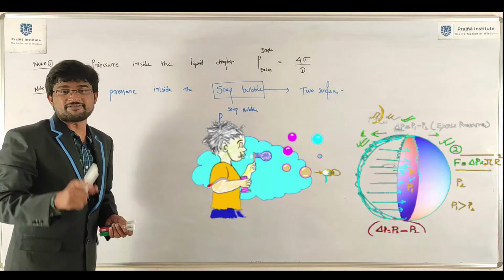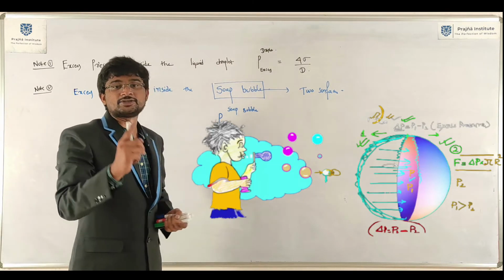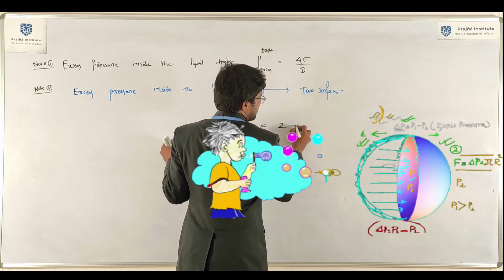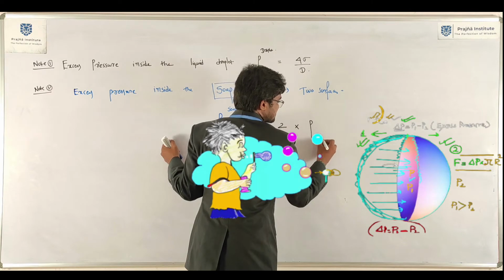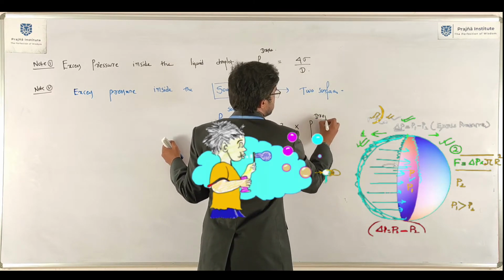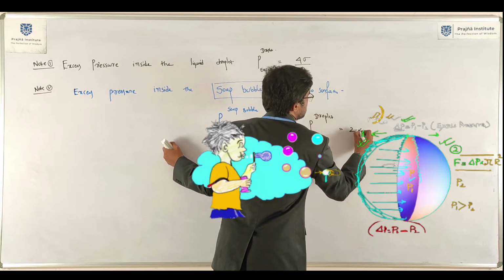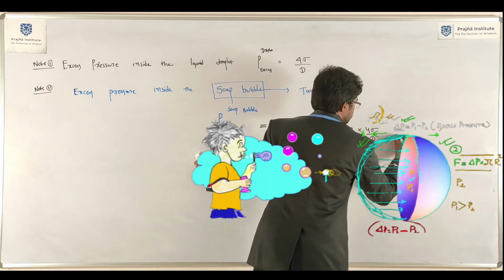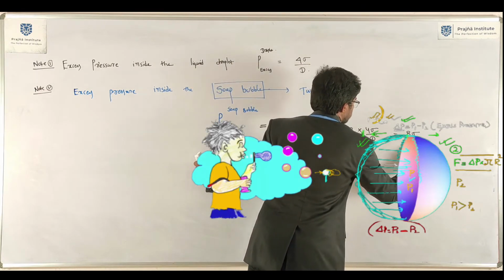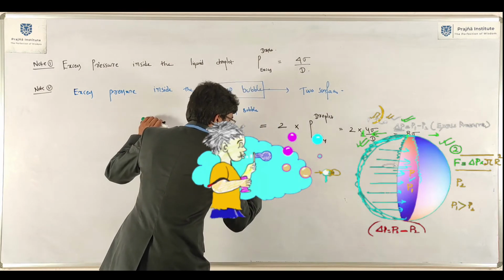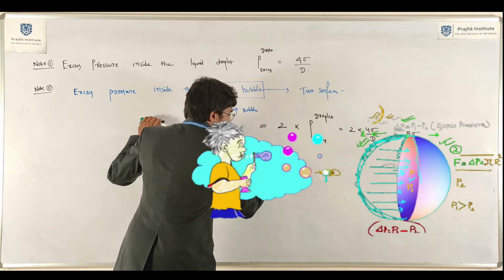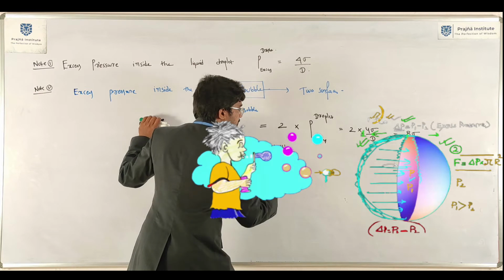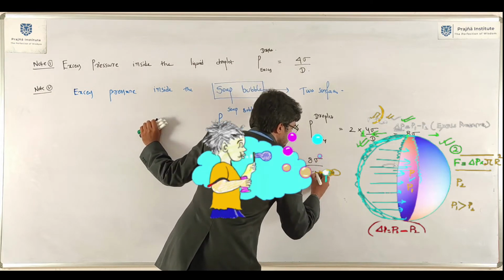A liquid droplet has only one surface, a soap bubble has two surfaces. That is why you will get 2 times the excess pressure of the liquid droplet. You will get 2 times this, so this is equivalent to 8 sigma by D. That means the excess pressure inside the soap bubble is nothing but 8 sigma by D.